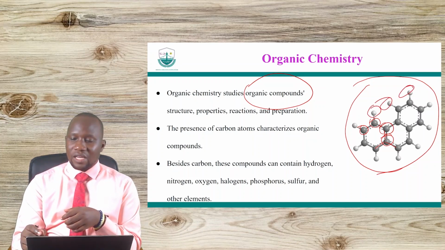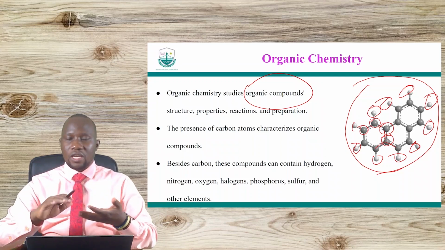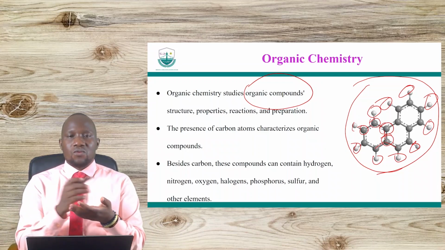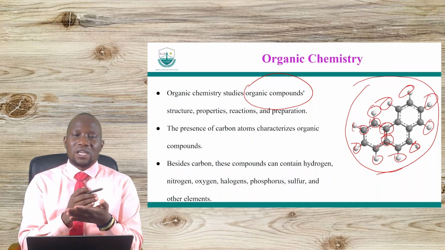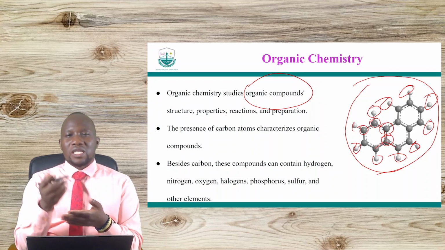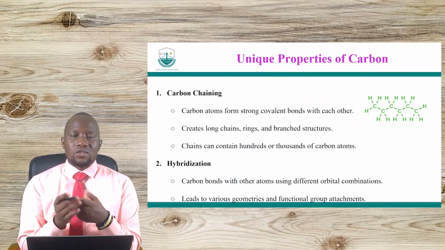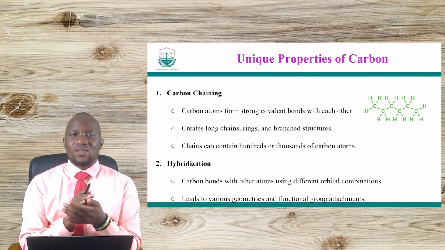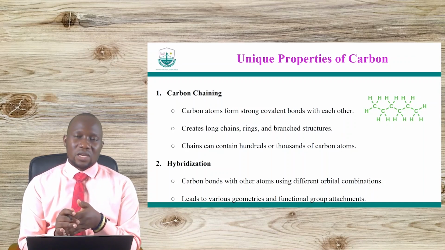These are the hydrogen atoms. So that is the picture I want you to get, that you have this long chain, where you have carbon bonding with carbon and also bonding with hydrogen. On top of that, we can still have other elements like we have just mentioned. These are typically different compounds. They are not like the compounds that we are used to.